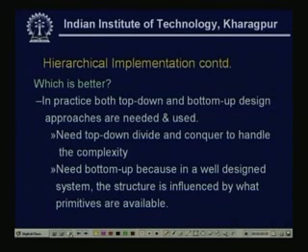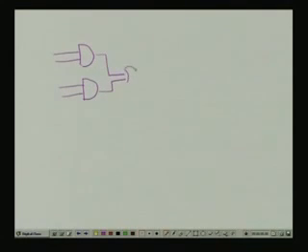Say if we take an example, a simple example, a two input AND gate and one 2 input OR gate. Okay.